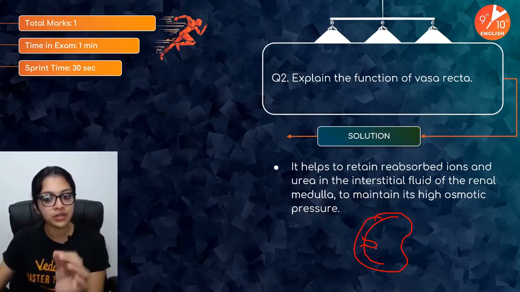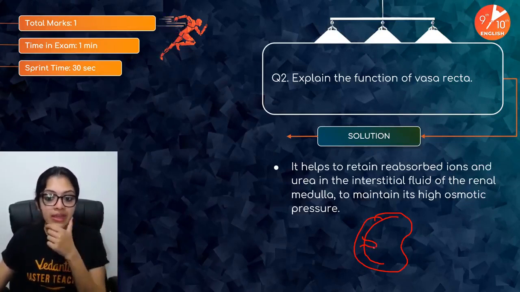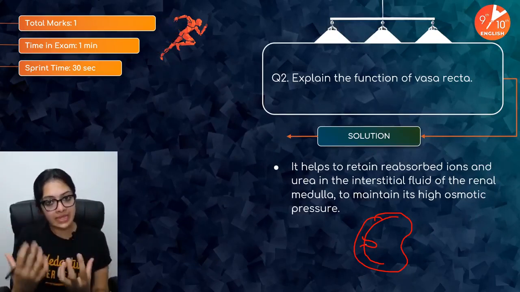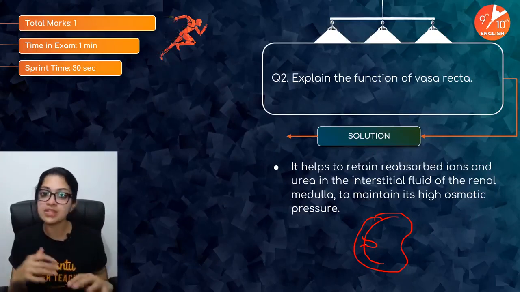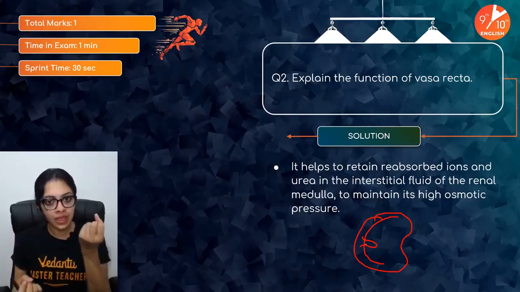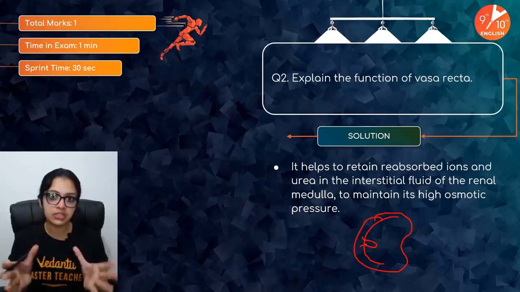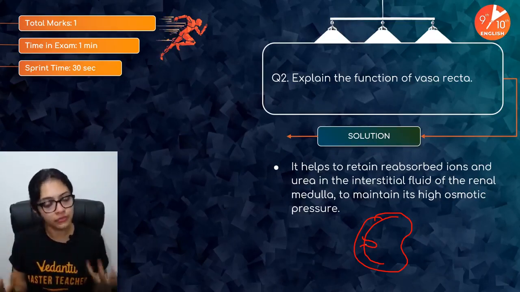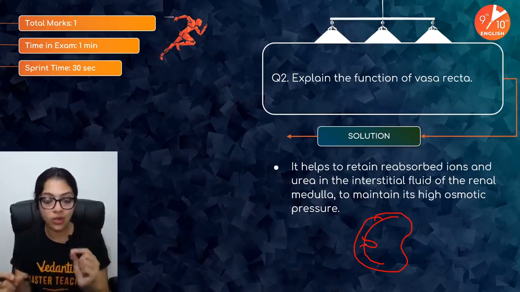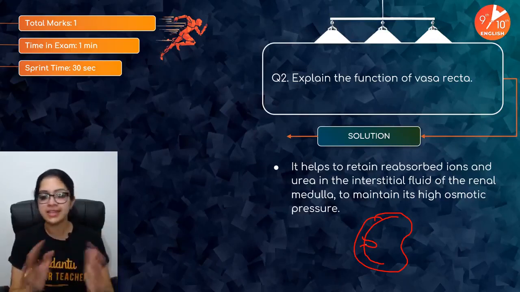So basically what the vasa recta does is it helps retain the reabsorbed ions and urea in the renal medulla, and as a result helps in maintaining bodily fluid balance, helps in maintaining high osmotic pressure, helps in maintaining an ion-water balance in the human body, right? That's a major thing, because too much fluid retention is a problem, excess fluid loss is also a problem, and all these tubules in association with all these capillaries ensure that there is a balance.